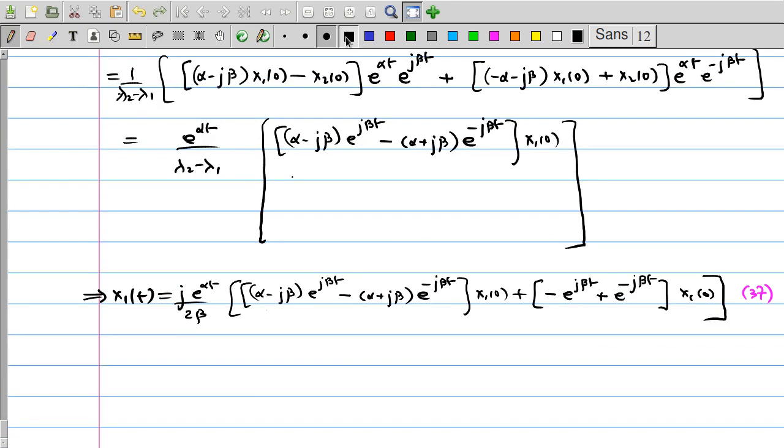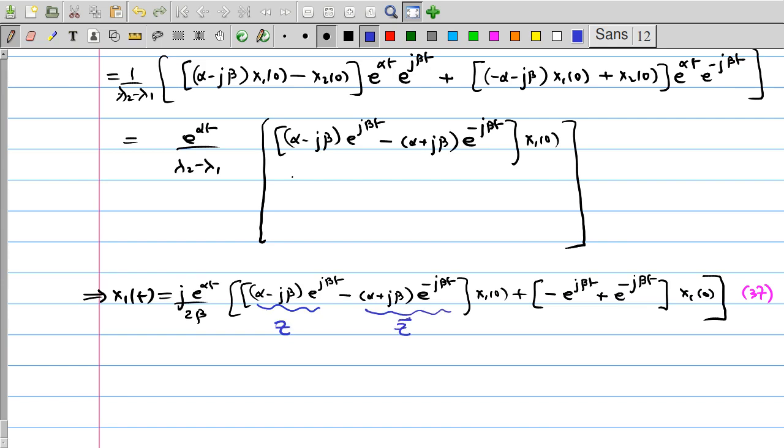So that's 37. Now let's see. What we're going to do is save ourselves a little bit of hassle by giving this a name, z, and this is z bar.